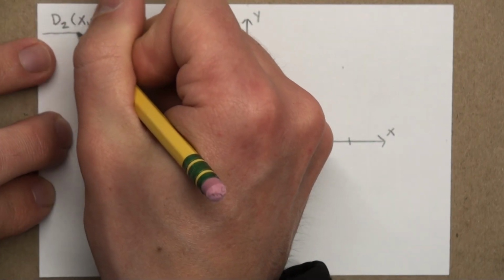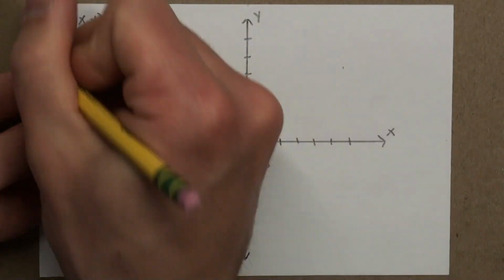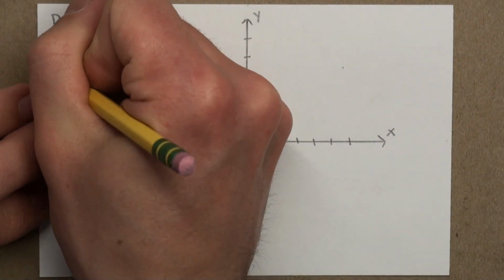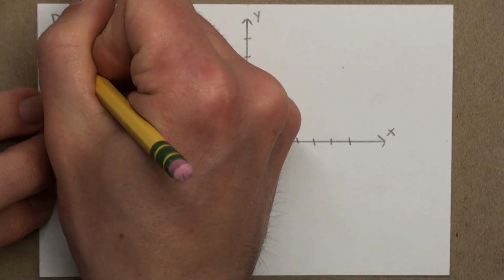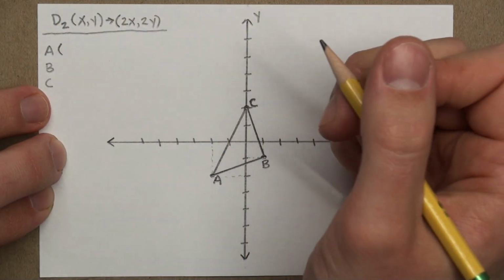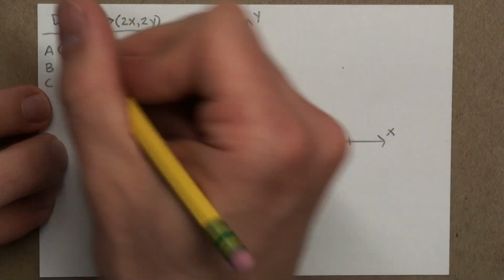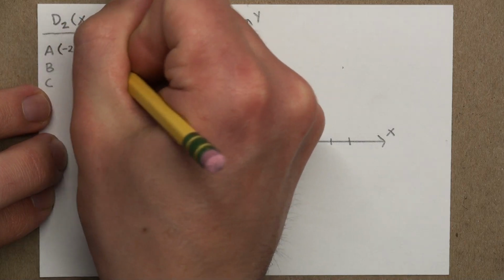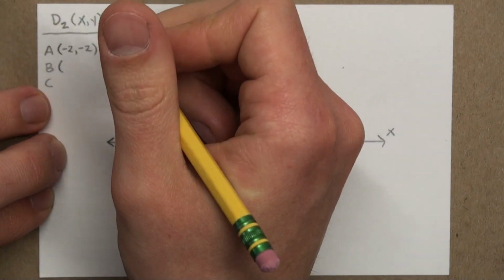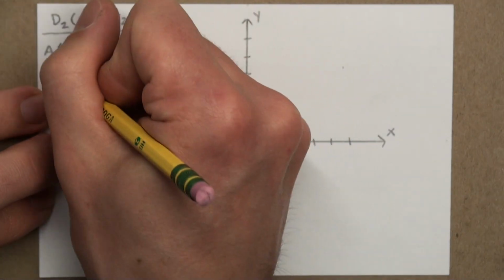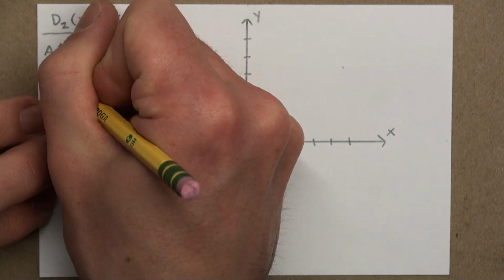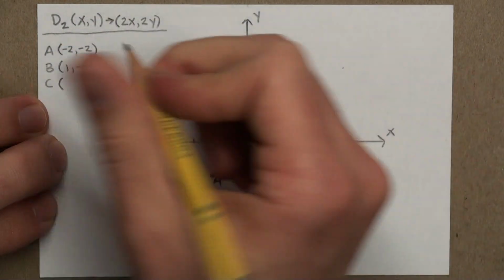I just multiply by my scale factor. So I have A, B, and C, which have points negative 2, negative 2, 1, negative 1, and 0, 2.